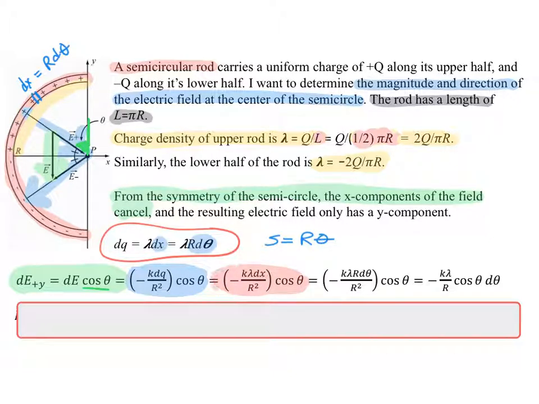Well, they do change in that dq becomes lambda dx. That's taken us back up to, that's why we went through that trouble there. And then in the next phase, my dx becomes an r d theta.